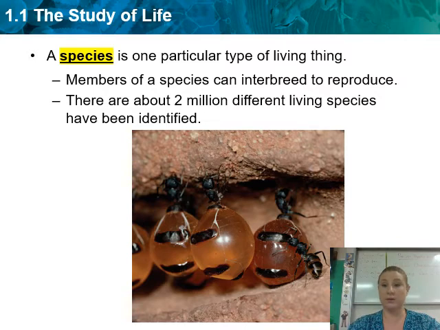Is that a huge amount of biodiversity? Well, yeah, it sure is. So when we think about that question, you can say, well, on our planet, we have identified more than 2 million different species, which is a huge variety, which means on our planet, we have a huge amount of biodiversity.